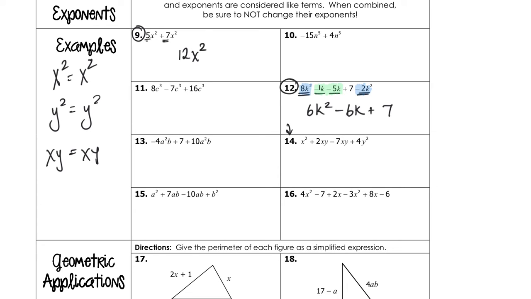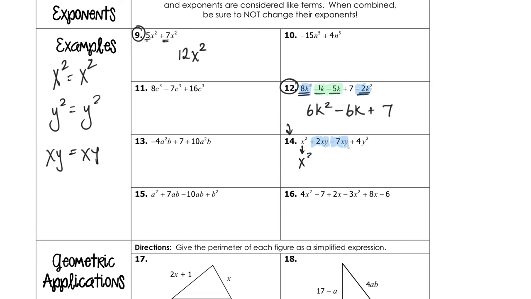So in number 14, even though we've got a bunch of x's and y's floating around, the only two things that are actually the same are the positive 2xy, which can only be paired with the negative 7xy. Doing the math with the coefficients, we end up with negative 5xy. The x squared couldn't combine with anything.